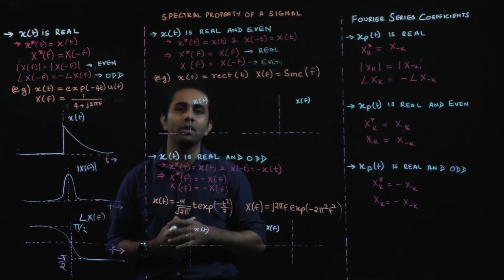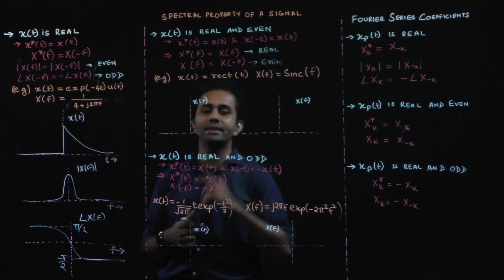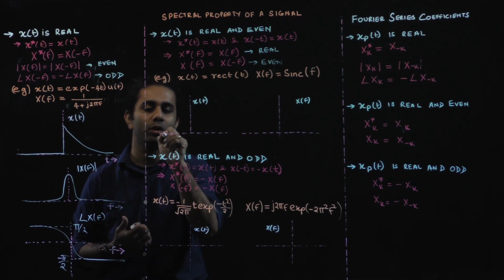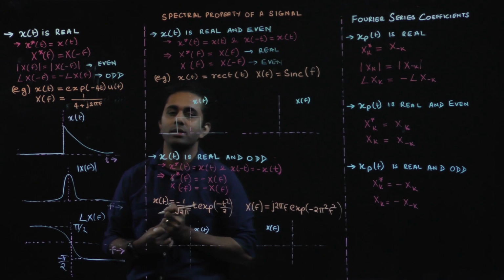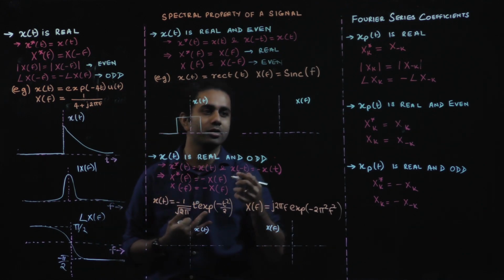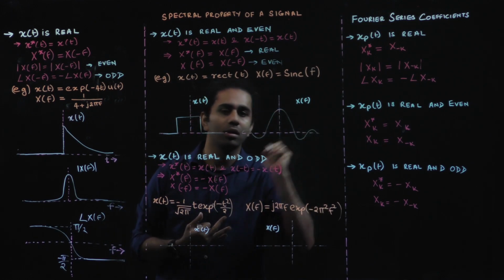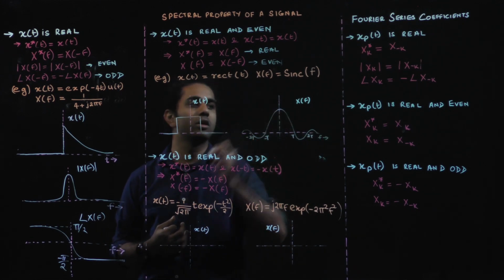Let's take another example to draw out the x of t and the corresponding spectrum for that x of t. Let's take the basic rectangular function rect of t. So that's going to look something like this here. Now we know that the Fourier transform of a rectangular function is a sinc function, which is going to be something like this here, where this corresponds to your frequency here.